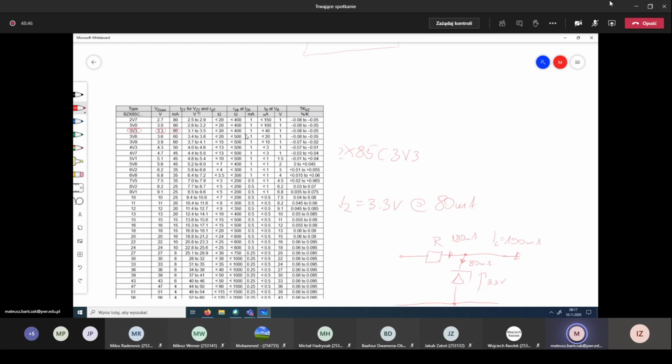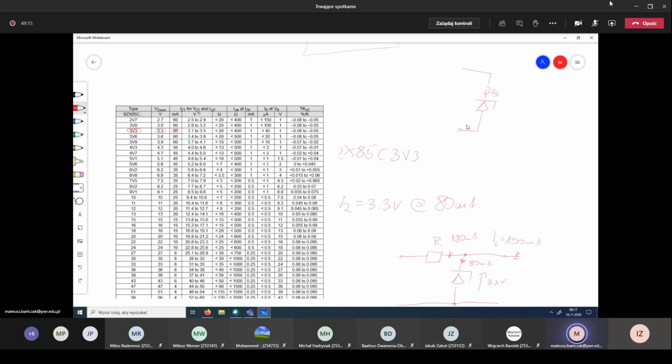Maybe according to this table, because as you can see, we have different rows here. For example, we have also the resistance. So we have some kind of resistance inside this Zener diode, this internal series resistance, which I mentioned at the beginning.